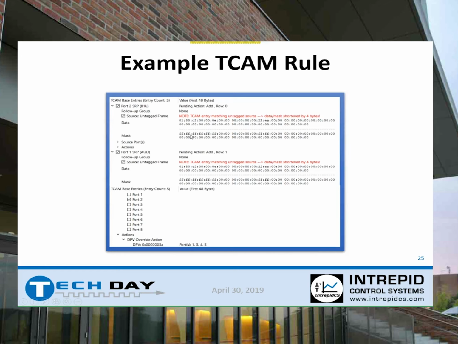And if that's hit, anything from port, in this case port 2, an action is taken to override the destination vector. So I set this up because their switch didn't support a protocol I needed it to. So anytime the message came in from that protocol with this address, I had it forwarded to the ports that I needed it to. And it was very simple. It took me all of 5 minutes to set up.